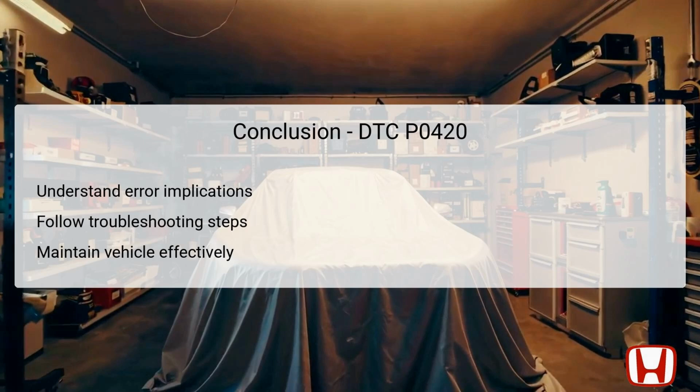By thoroughly assessing component performance, from the catalytic converter to the oxygen sensors, a technician can achieve optimal results. Additionally, proactive preventive maintenance can significantly reduce the risk of encountering this DTC in the future, ensuring that your Honda Accord remains compliant with emissions regulations and continues to perform efficiently.